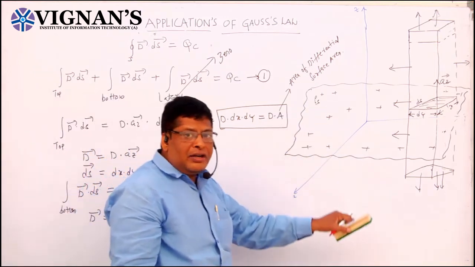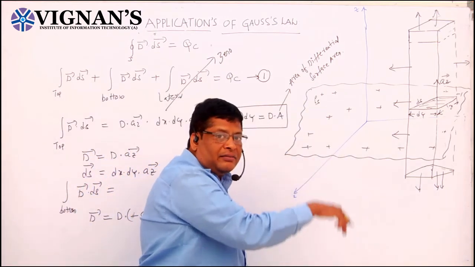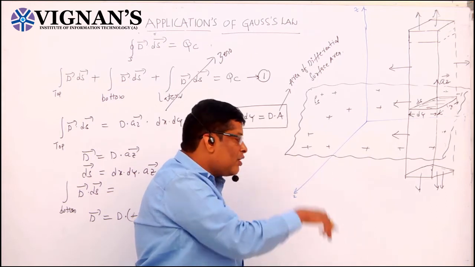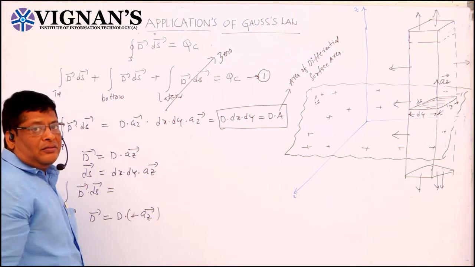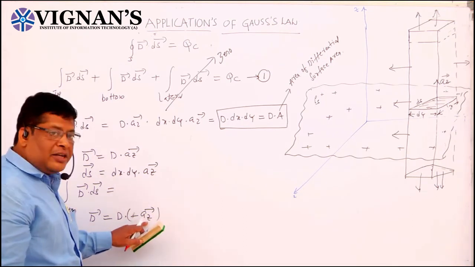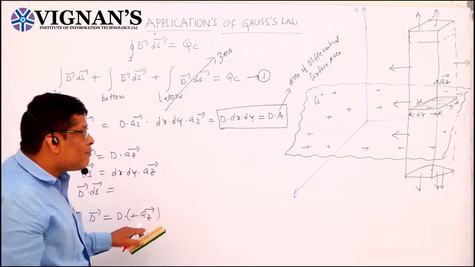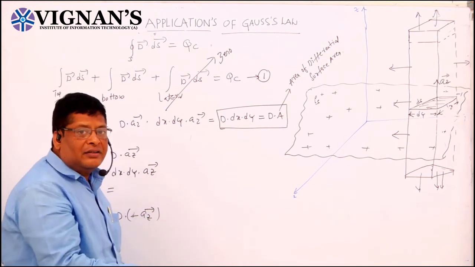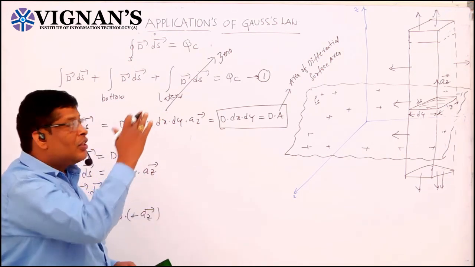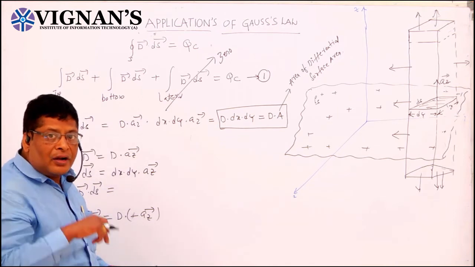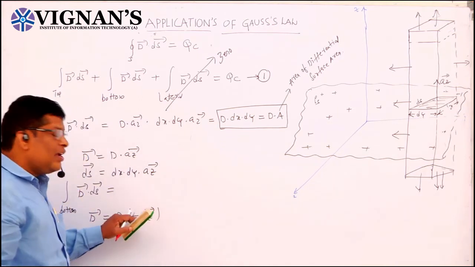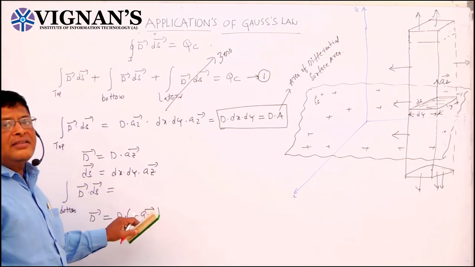Below the sheet the flux is in a downward direction, whereas above the sheet the flux is in an upward direction. That's why we have taken minus az bar.